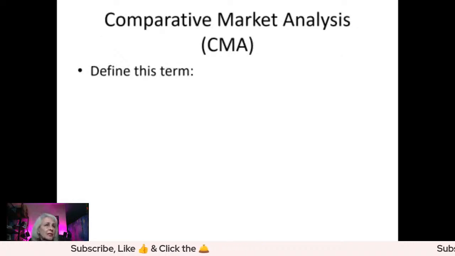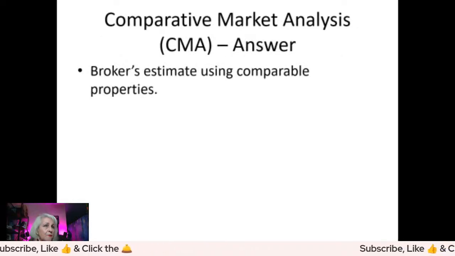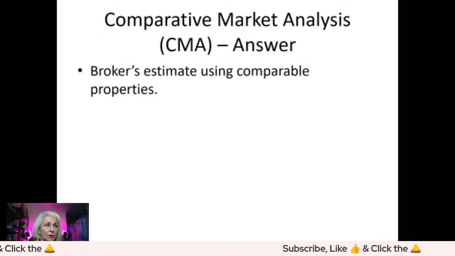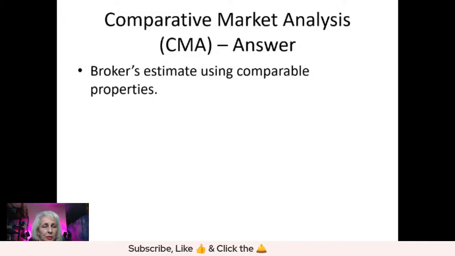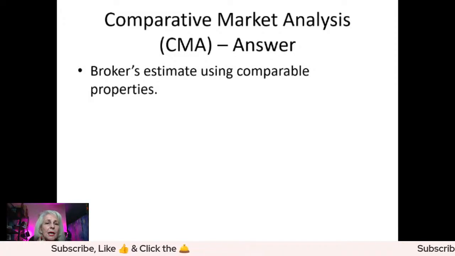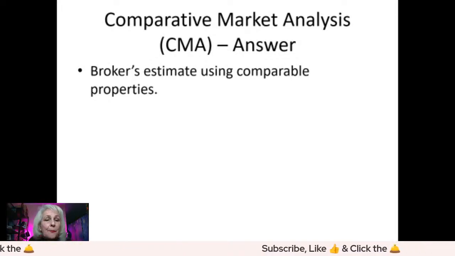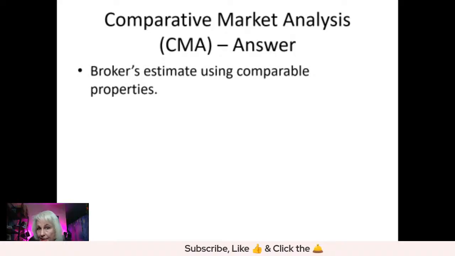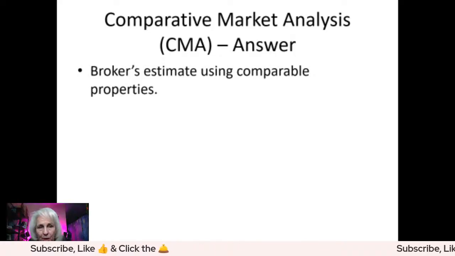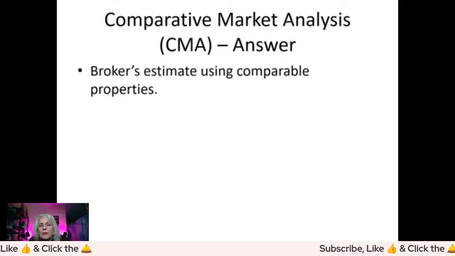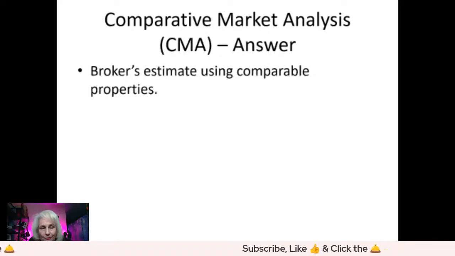All right, CMA. We just talked about CMA, right? Comparative market analysis. That is a broker's estimate, a broker, realtor, or associate, using comparable properties. Those comparable properties, depending on how the current market is, if it's a fast changing market and prices are changing rapidly, could be within 1 month, 3 months.